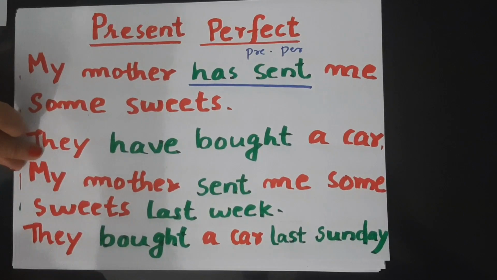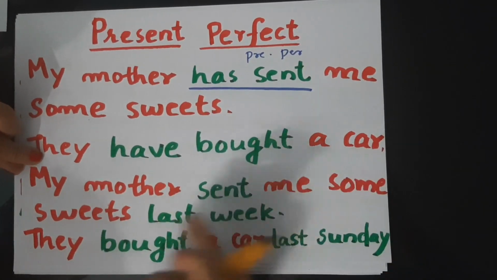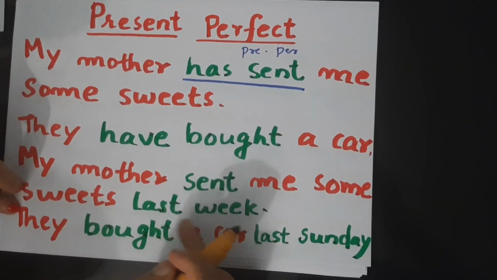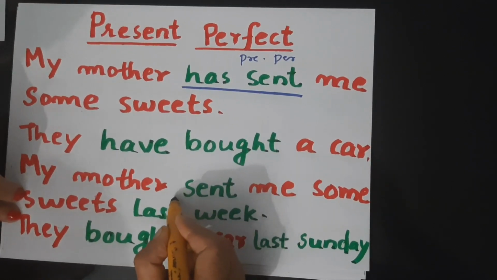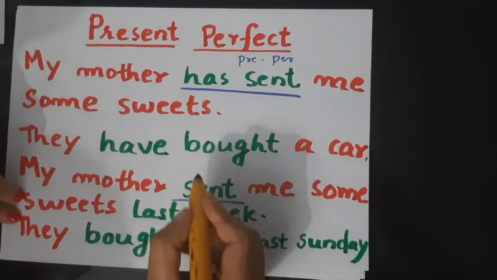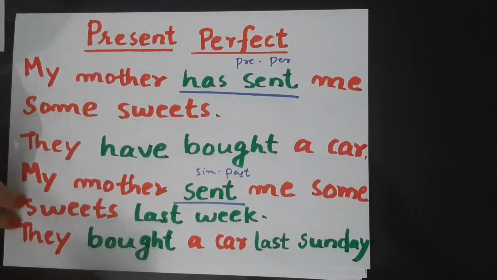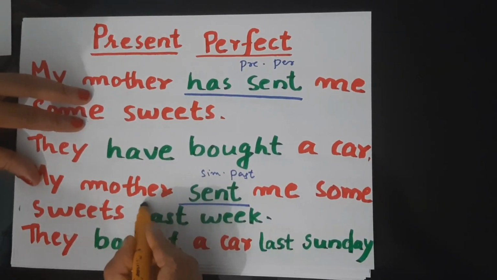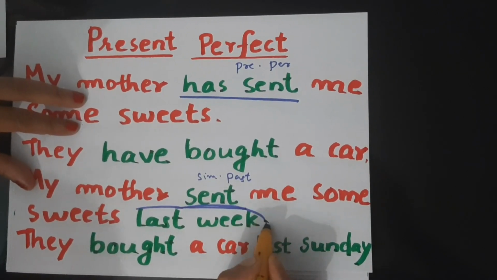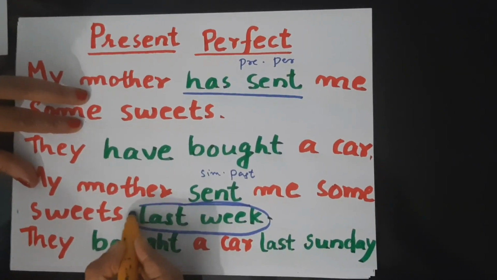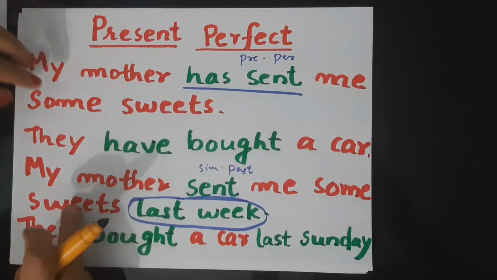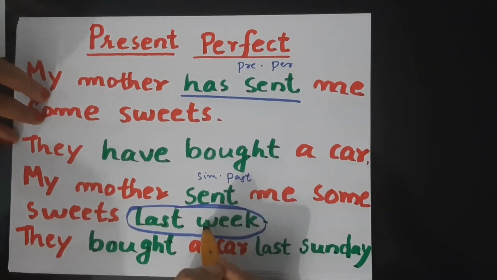My mother sent me some sweets last week. Okay, here I used only simple past. Why? The point of time, that is last week, is clearly mentioned here. So that's why I used simple past here.